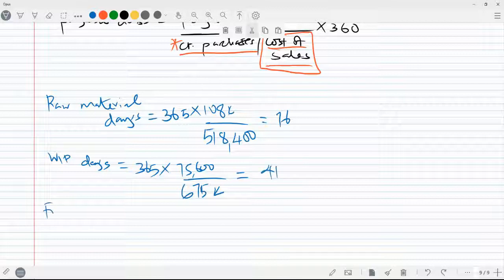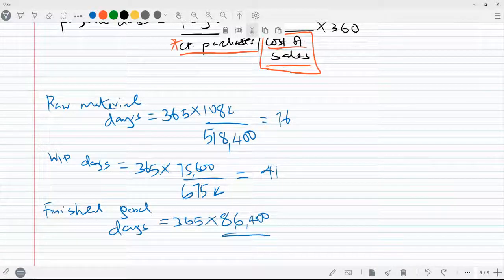Then we get the days for finished goods. As I mentioned, if the company is not involved in production, then its total inventory days is equal to the finished goods days. We use 365 and multiply by finished goods. The finished goods investment for this case is equal to 86,400.